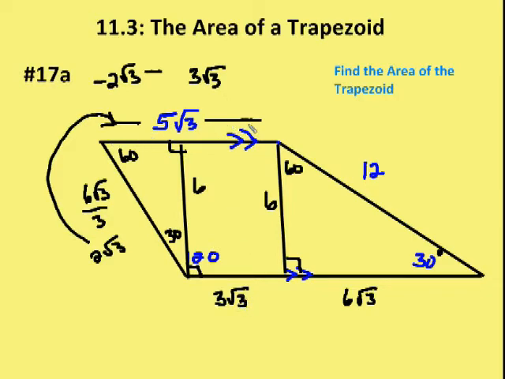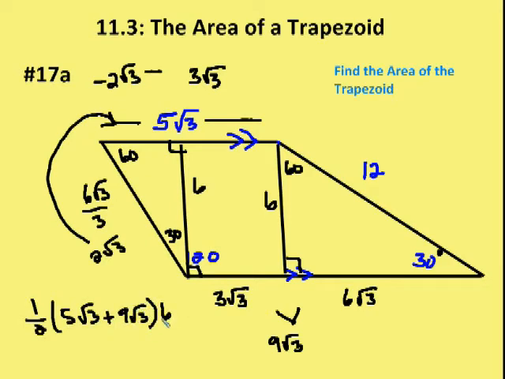So I have the dimensions of the top, or one of the bases, and then this base, which is just the sum of those two values, which is 9√3. And I can figure out that the area of this trapezoid is going to be 1/2 of the sum of the two bases, 1/2 of 5√3 plus 9√3, times the height of 6.